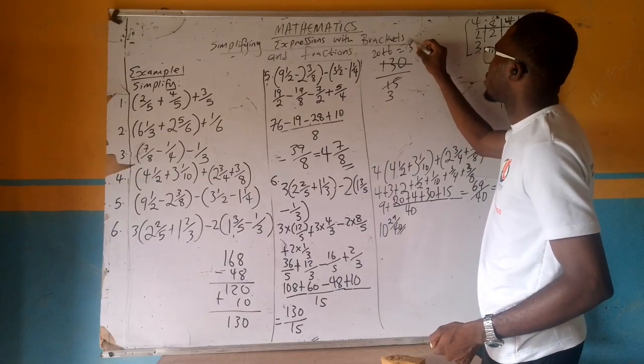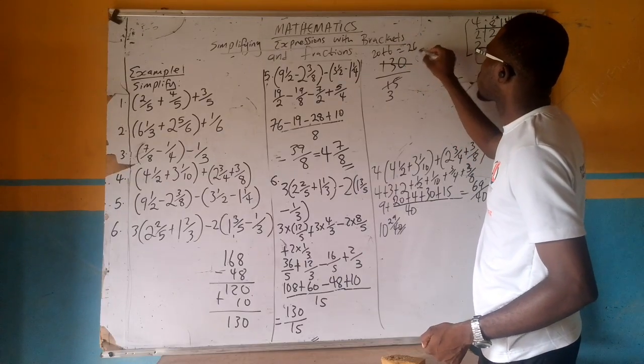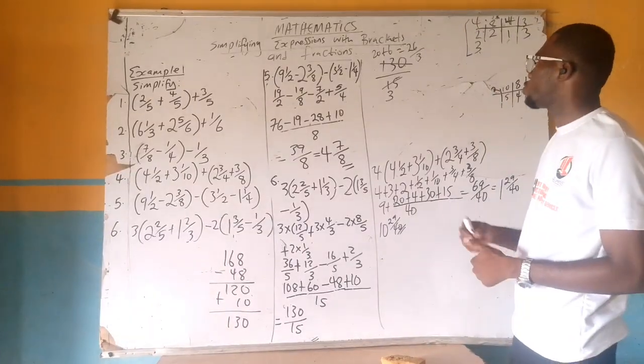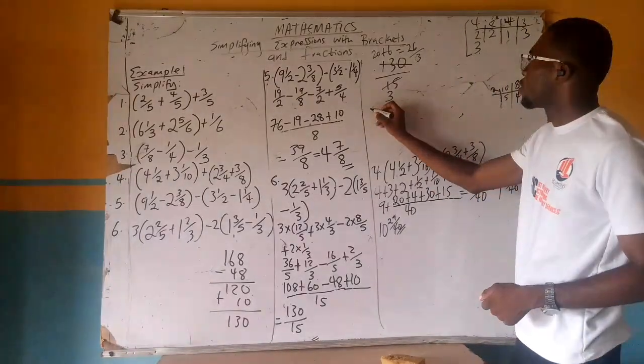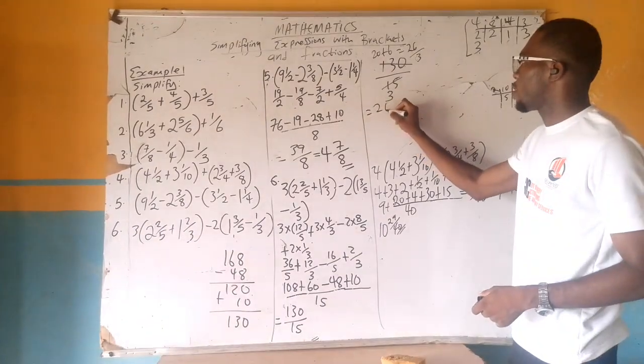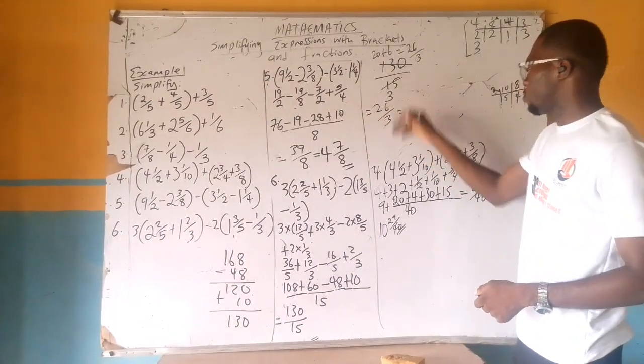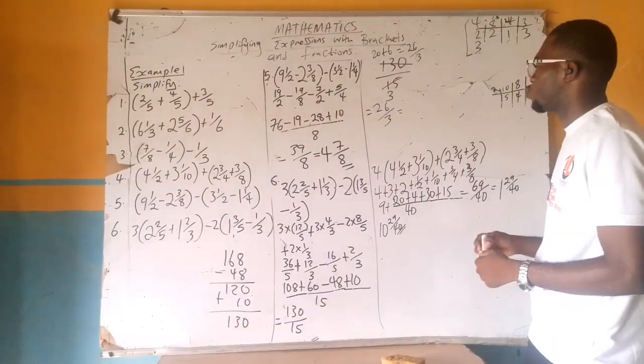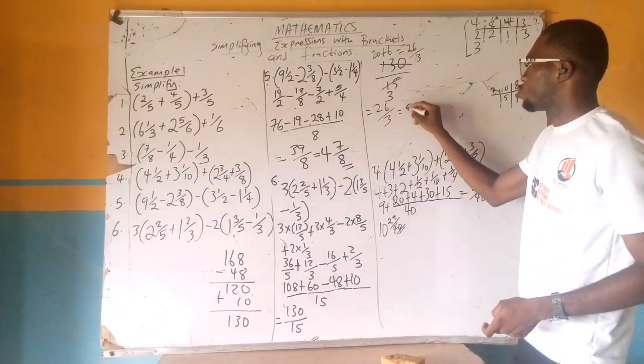So that will give us 26 over 3. And if you look at 26 over 3, nothing can actually cancel each other. So then to simplify it to the final form, how many 3 can we get in 26? It will give us 8, which is 24.